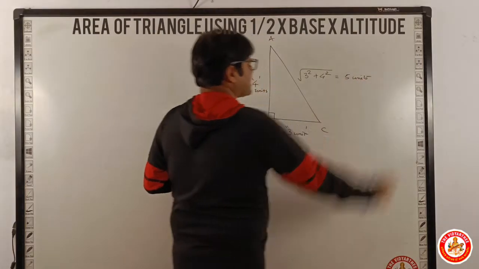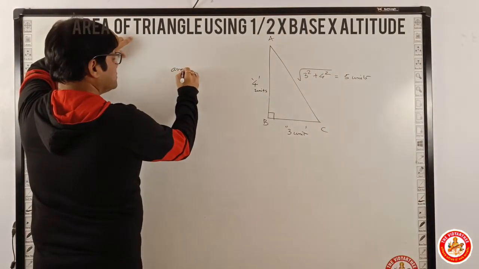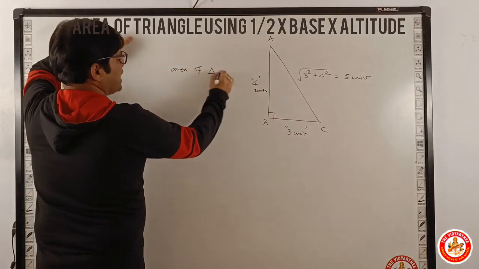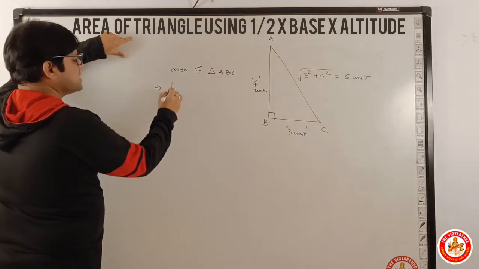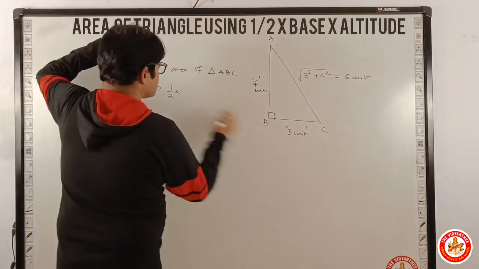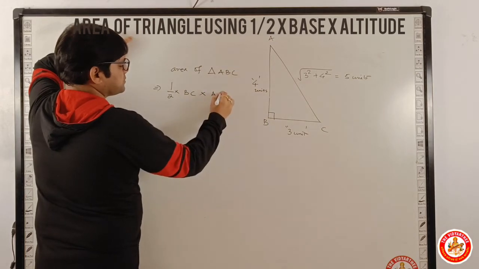So if you have a right angle triangle, then the area of triangle ABC, the conventional method which we have been studying is half into the base, that is BC, into height, that is AB.